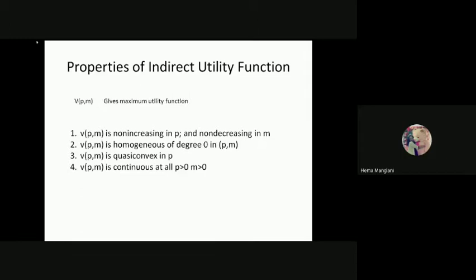But here V is also a function of price and money. The price here indicates the prices of the goods. If my utility function is of x1 and x2, then this indicates P1 and P2, fine. And this further depends on your money income. So your budget constraint is also included in this V.